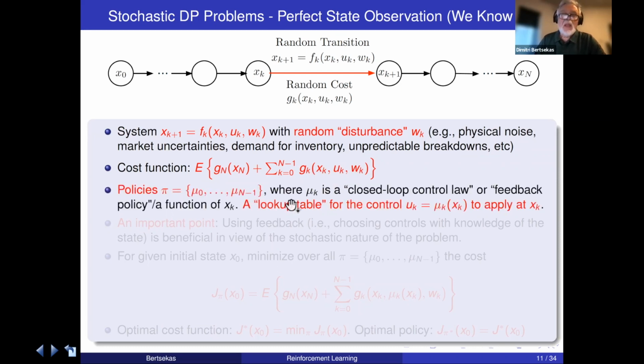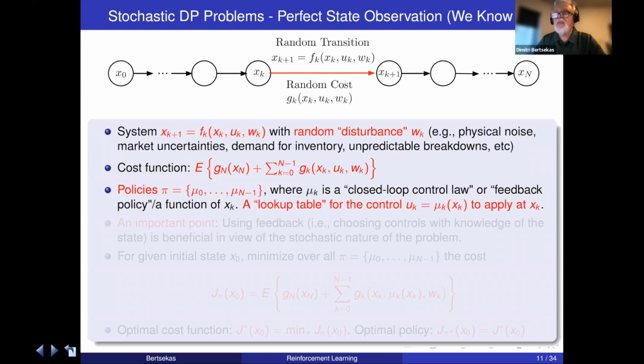However, here, we will not optimize over sequences of controls. Instead, we're going to optimize over feedback policies or closed loop control laws. Part of the definition of this problem is that when we land at a state xk, we get to observe it perfectly. That's the meaning of perfect state observation.